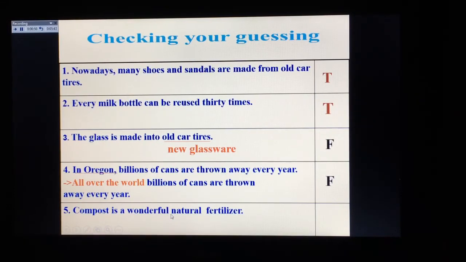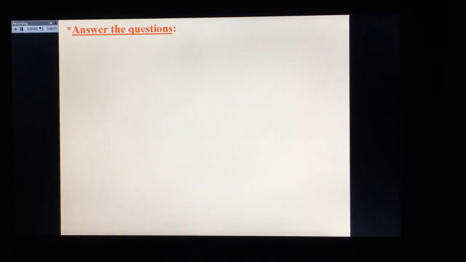Is it true or false? Yes, it is true. Now, how many sentences are you correct? Good. If you have at least 3 correct sentences. Now, you read the text again, and then you do the activity here.